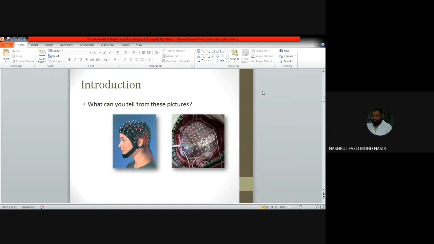Although the invasive one should be more precise than the non-invasive, people try our best to avoid it, unless it is very critical to have a measurement of it.